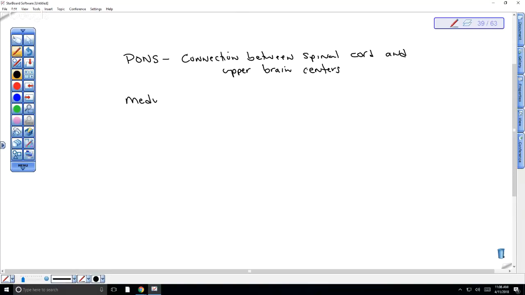The last thing is the medulla oblongata. The medulla oblongata is referred to as the autonomic reflex center.